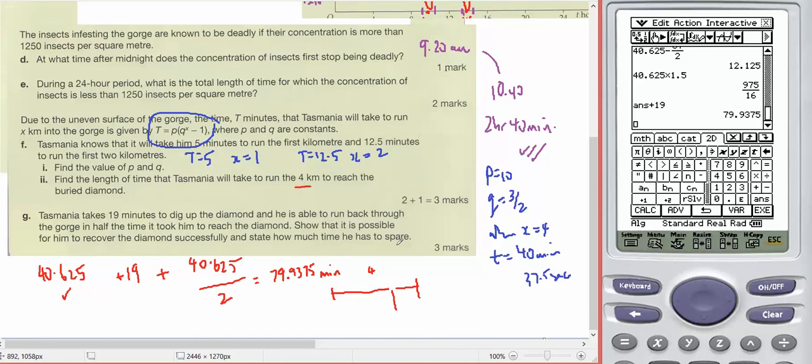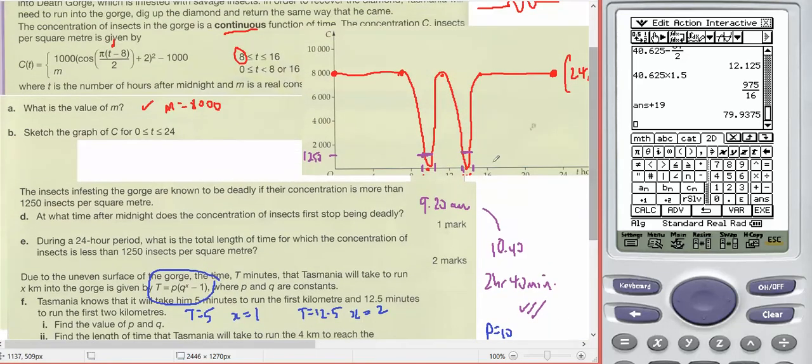Now, will he successfully do this? He's going to have to wait until now before he leaves. Because if he leaves before 9:20, he's going to be eaten by the savage insects.